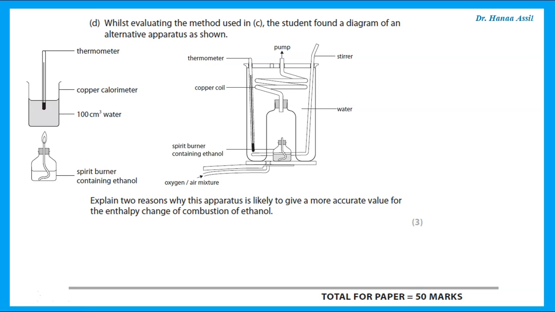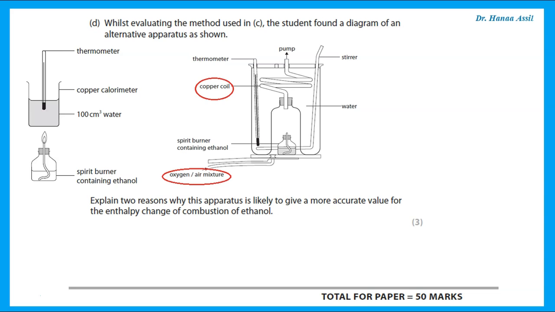This was the previous diagram that we used. We just used a copper calorimeter, and we just put the spirit burner below it. This allows a lot of loss of heat to the environment.